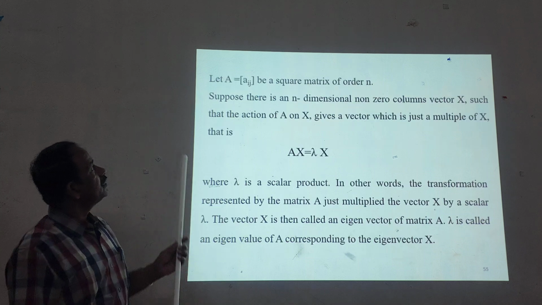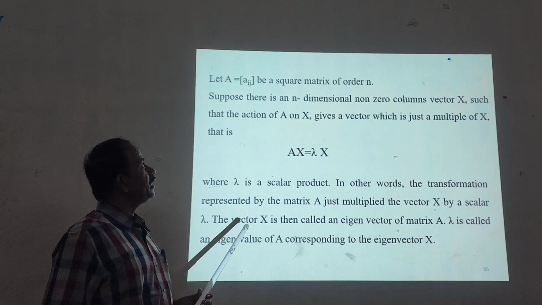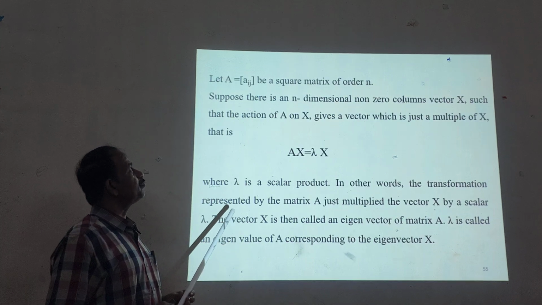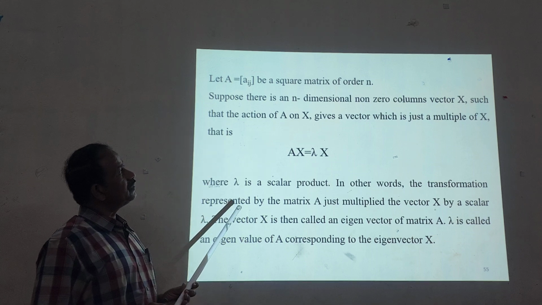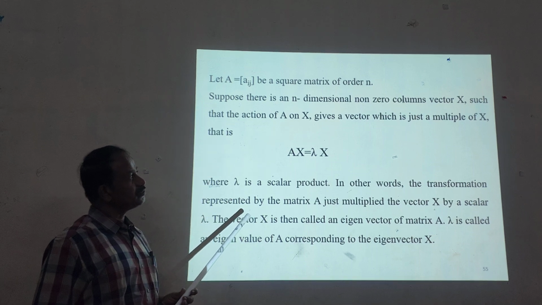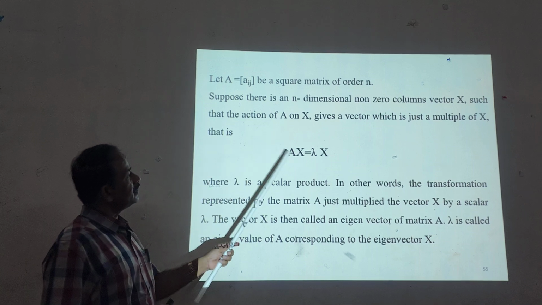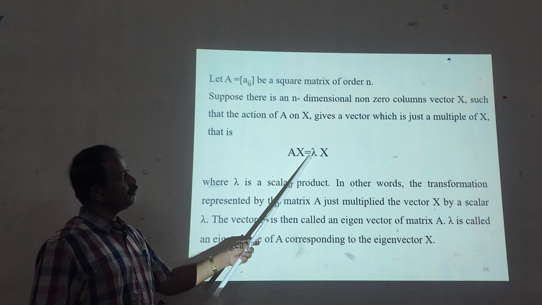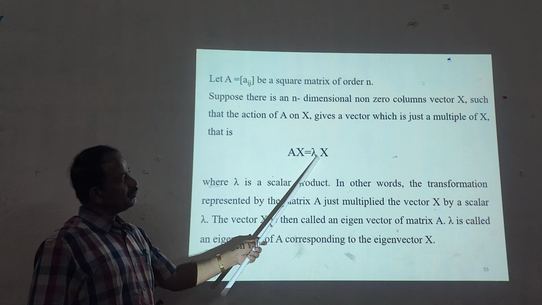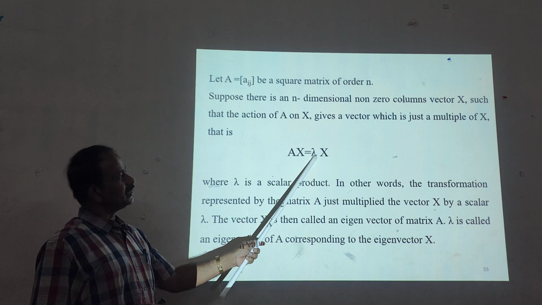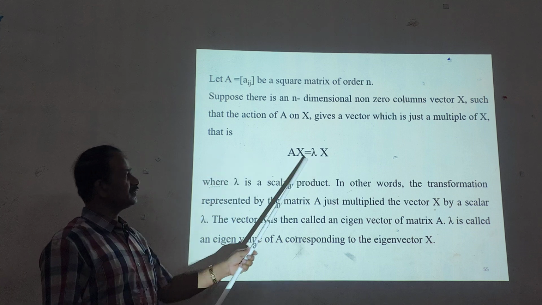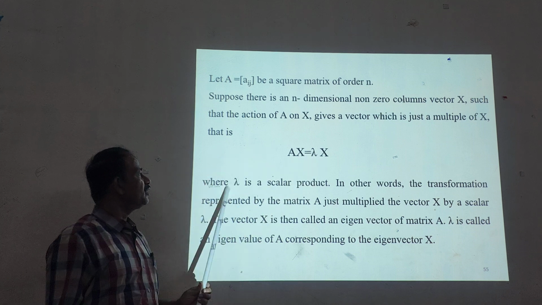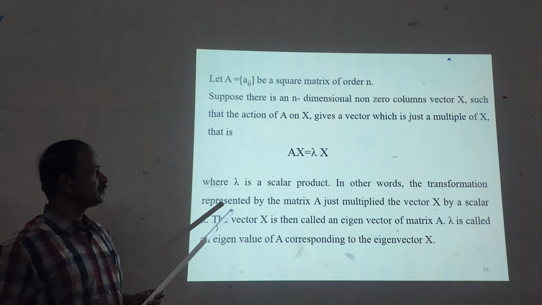Let A equal A ij, a square matrix, for example. Suppose there is an n-dimensional non-zero column vector x such that the action of A on x gives a vector which is just a multiple of x, so lambda times x, where lambda is a scalar.